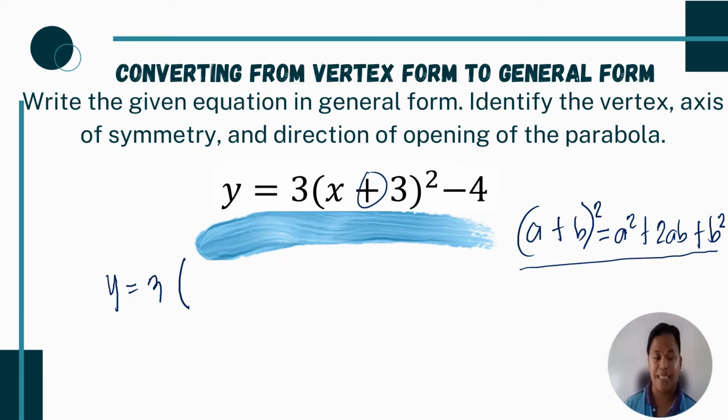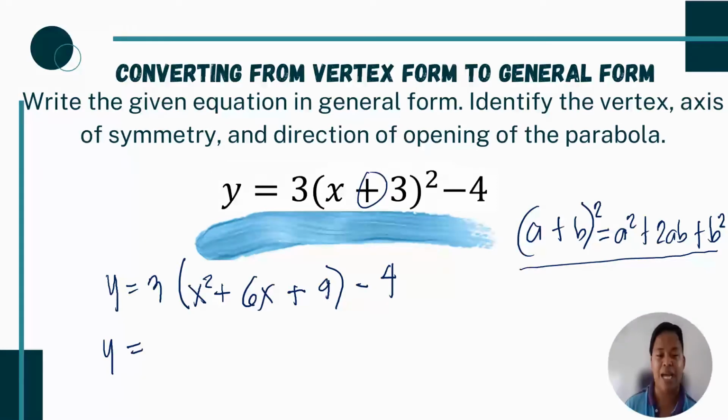So the square of x is x squared. x times 3 is 3x, multiplied by 2 is equal to 6x. And since the sign here is plus, the middle term will be plus. And the third term will be the square of 3, which is equal to 9, minus 4.